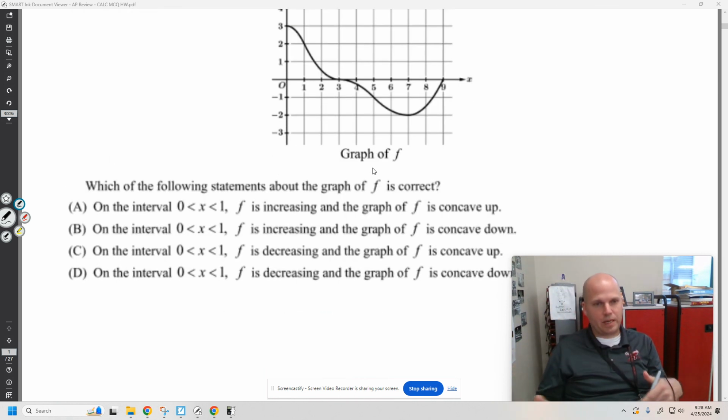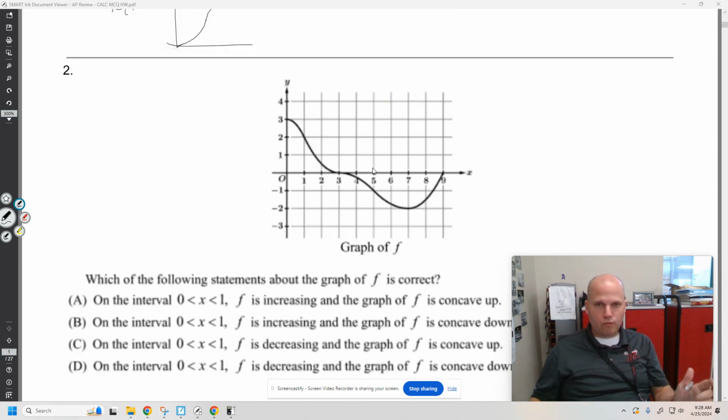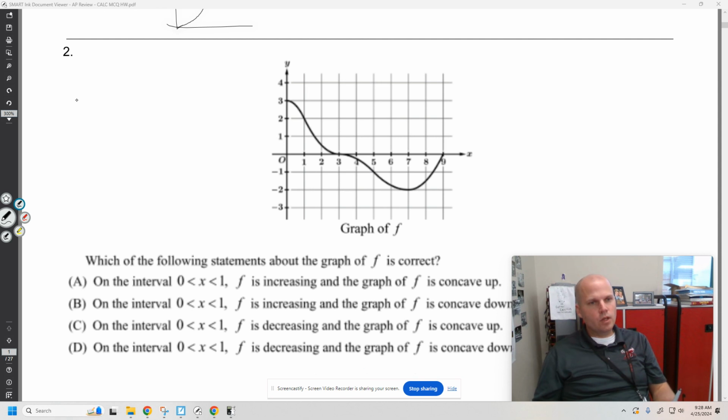All of these questions we're about to do, understanding the shape, just reviewing this. We talked about it on the last homework video. If a function is increasing, it is going up. That means the rates of f are positive.